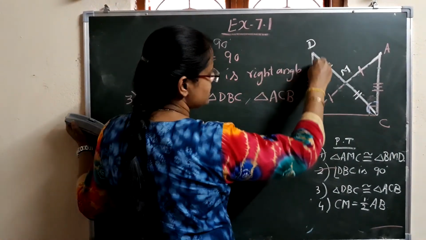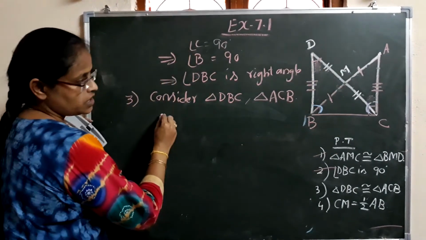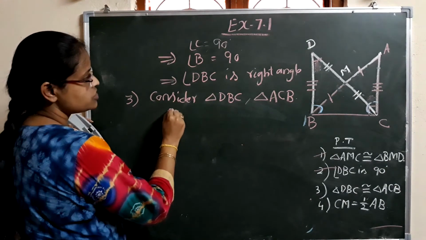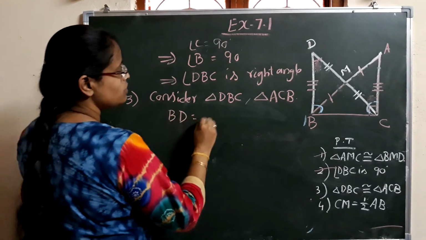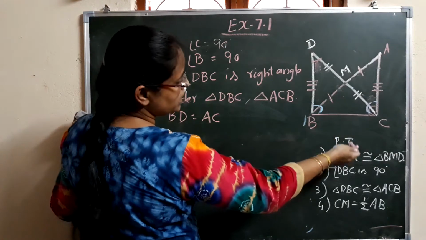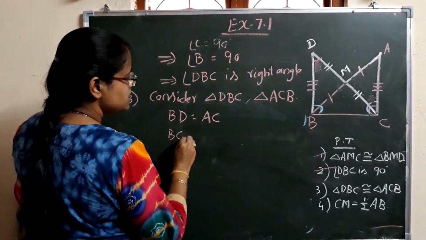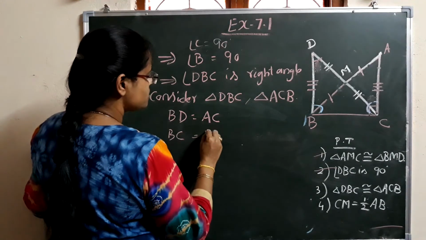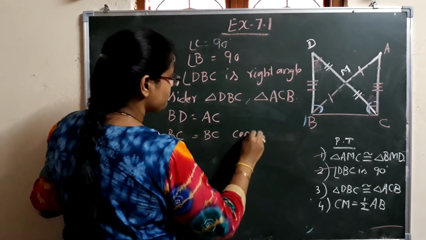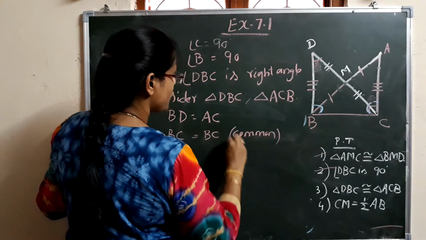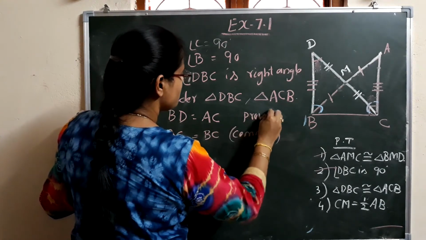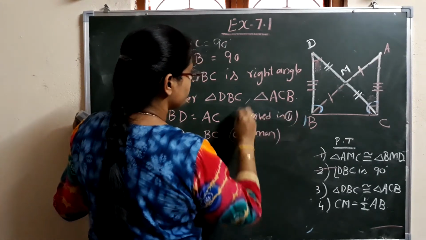How will you take? First, I am considering this triangle. So, I can consider in this triangle BD is equals to AC. We have already proved in the first case when we were doing. And we have BC is equals to BC common side. Proved in 1.